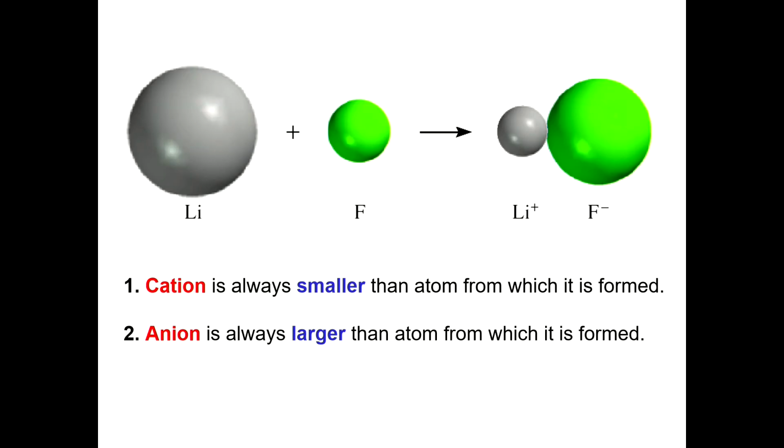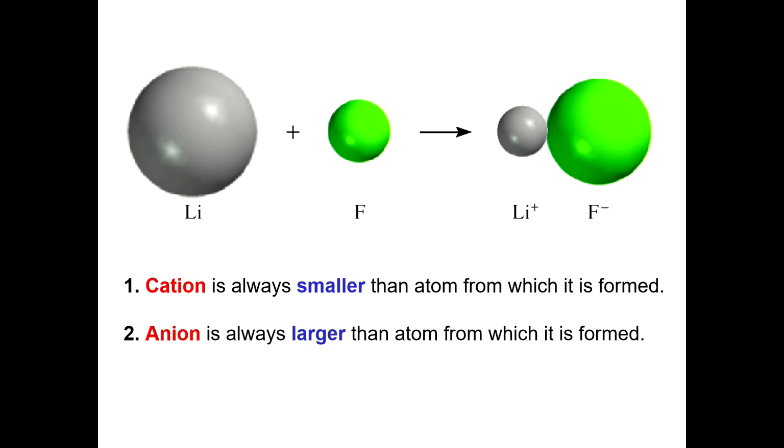So now it's like this. This is the size of lithium. Okay, this is the size of fluorine. The lithium atom is much bigger than fluorine, right? But when they form this compound, lithium loses one electron, so the size is small, right? And the fluorine, when it changes to an anion, is much bigger. It's like this.